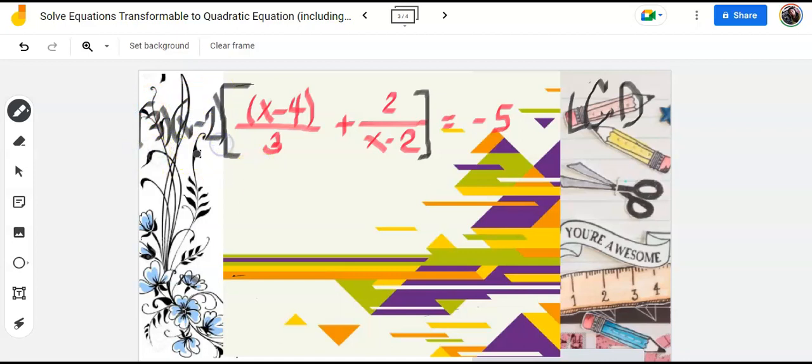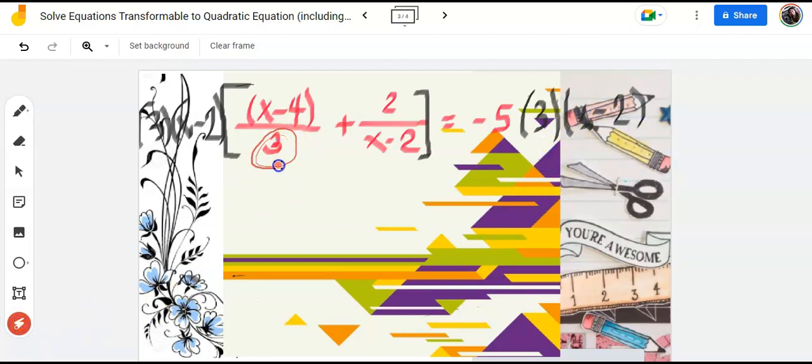So ang LCD gi-multiply nato sa each term. Okay? So sa right side, ato isuwat ang factor 3 o ang factor x minus 2. Yes, so the denominator 3 sa first term and then x minus 2, denominator sa second term.